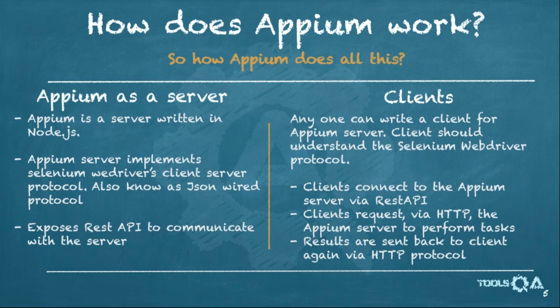That means I have a client, that means I have a test script, and in the script I am going to mention certain steps, right? The steps are like clicking on an element, sending some text to a particular input box, right?